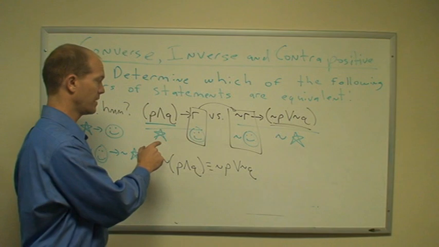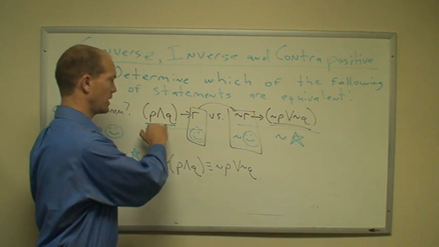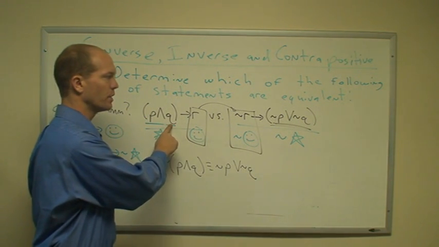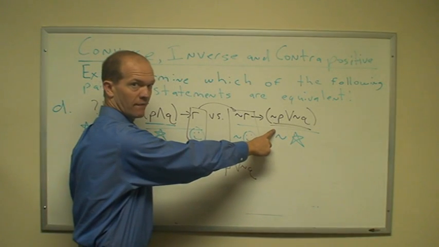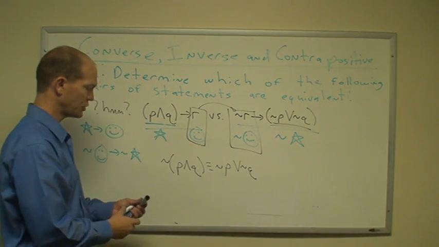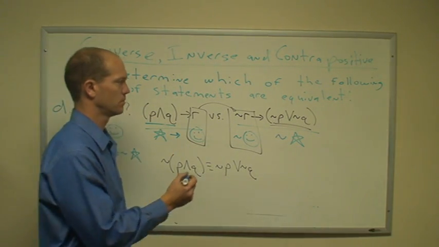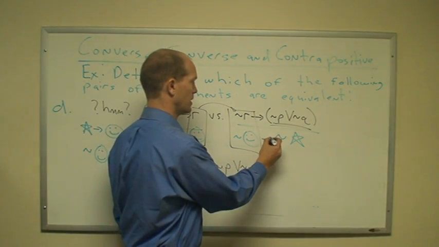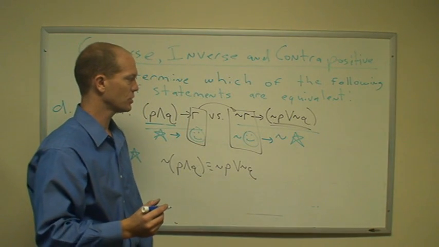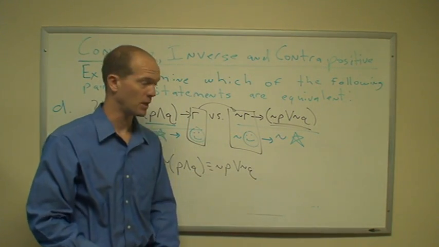And in fact, the negation of this part right here, the negation of P and Q, is indeed what I have over here. So this relationship of if star then happy face versus if not happy face then not star is the relationship I see in this problem.